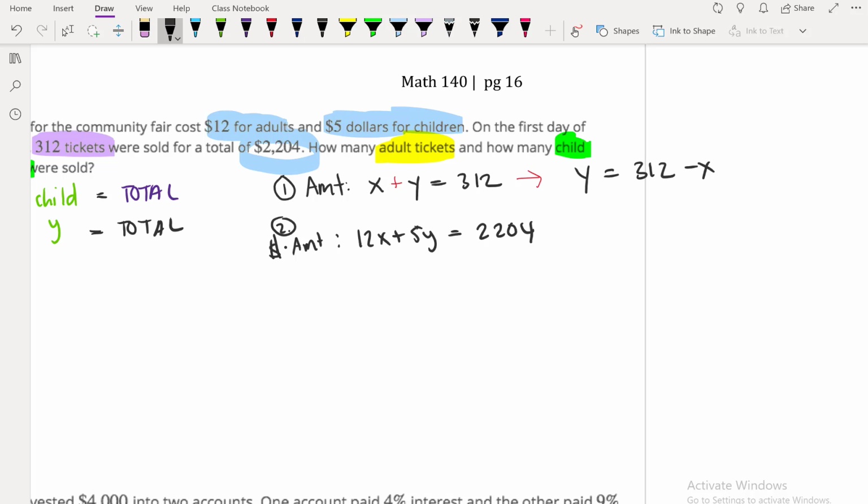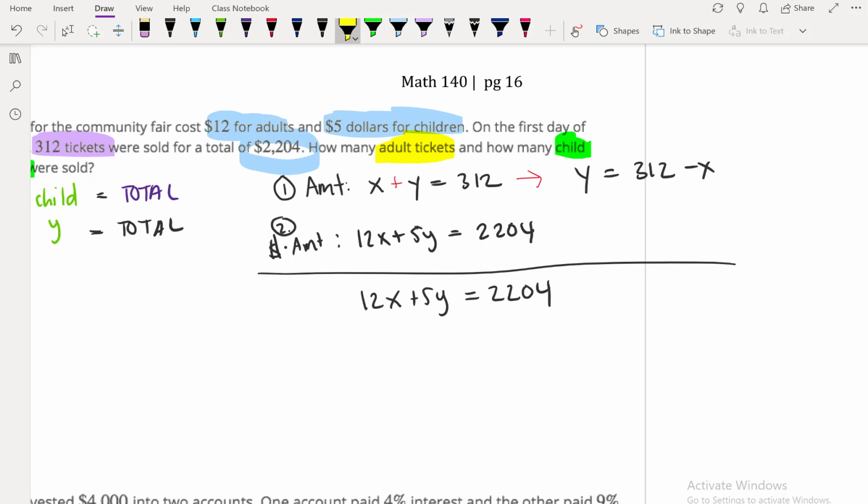So now I can do a substitution. So I have a 12X plus a 5Y is equal to 2,204. And I'm going to substitute in for the Y variable. So I have a 12X plus a 5 times, and that Y variable, I am plugging in 312 minus X is equal to 2204.